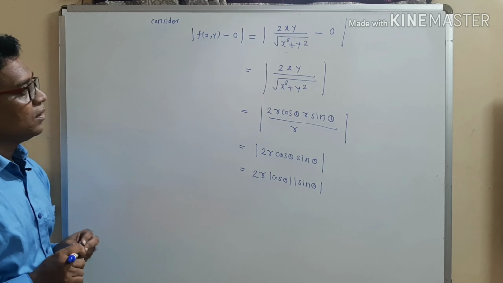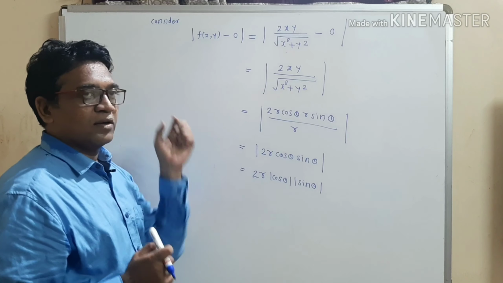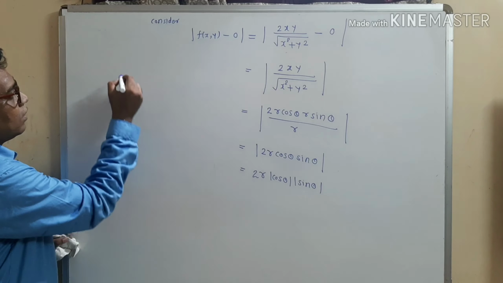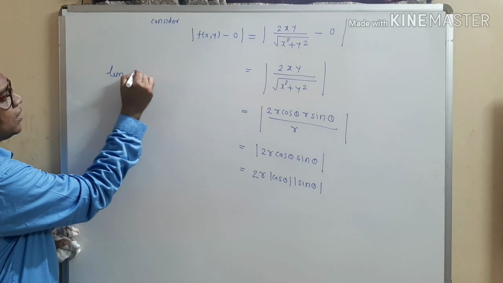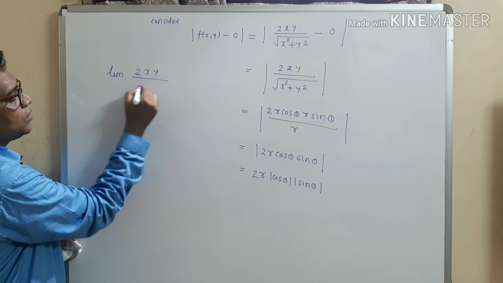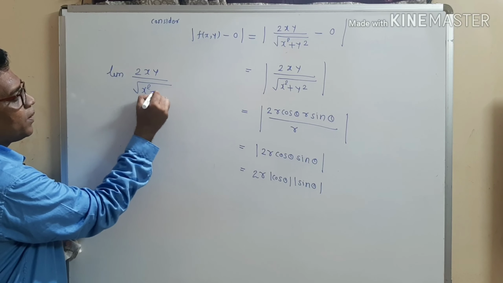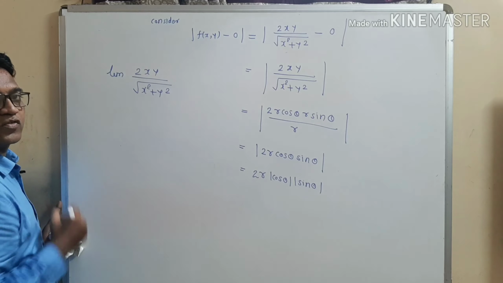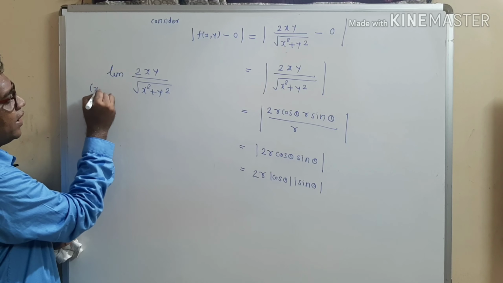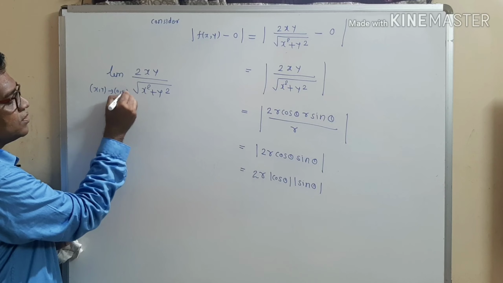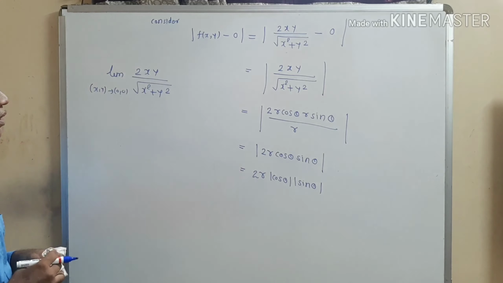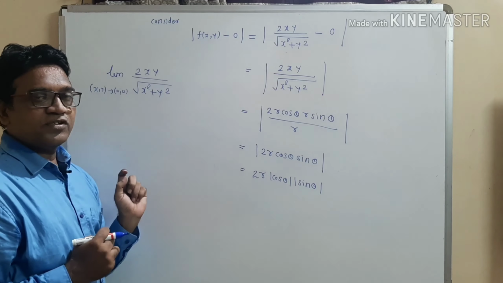So see, up till now what we have done. First of all, observe the given function. What is the given function? 2xy divided by under root x square plus y square, as (x,y) approaches (0,0). Now what is our observation?